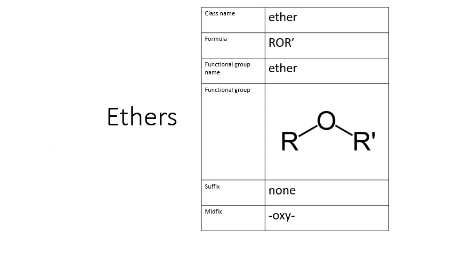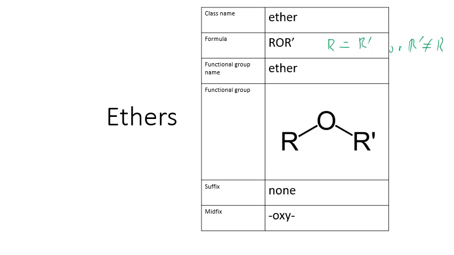The next functional group is the ethers. They have a general formula of R-O-R prime. R can equal R prime, or R can also not equal R prime. They can be different or the same, it doesn't make a difference. As long as there's an oxygen in the middle there, then it's going to be an ether.